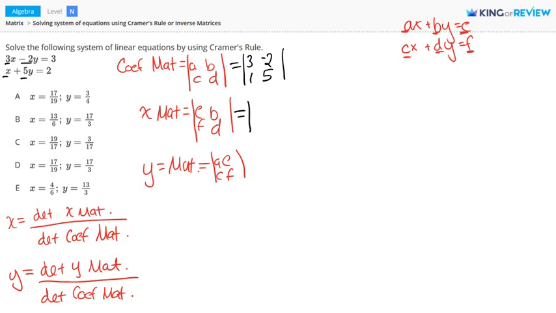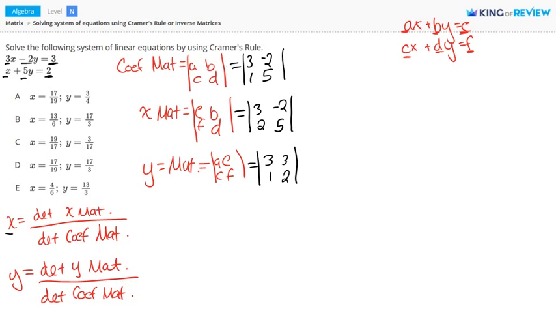Now the x matrix starts with E and F, which are the constants, so 3 and 2. And then we have B and D, -2 and 5. And the y matrix, we have A and C, 3 and 1, and E and F, so 3 and 2. So now we've set up our three matrices.